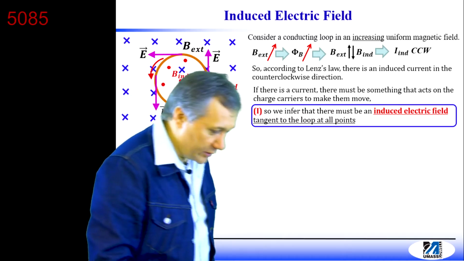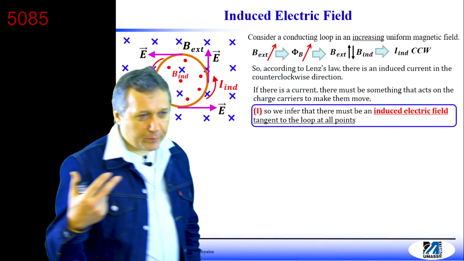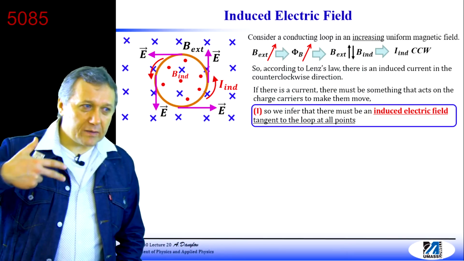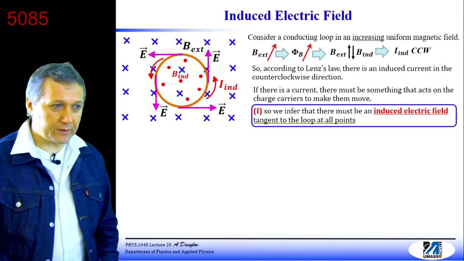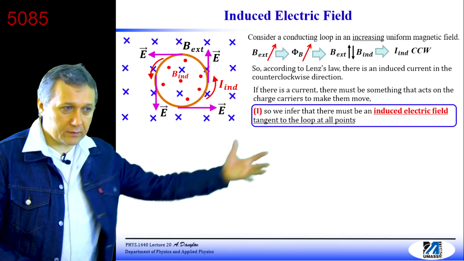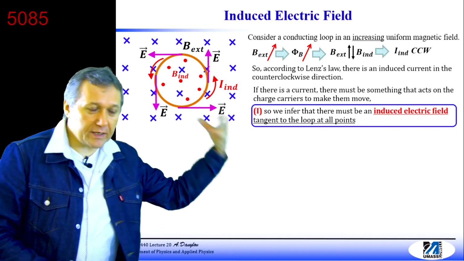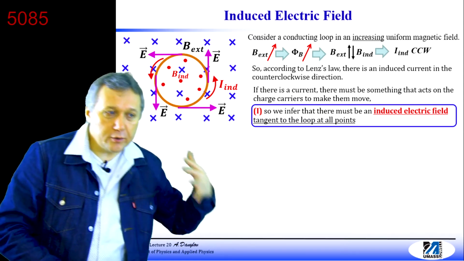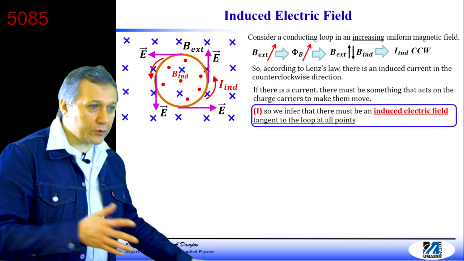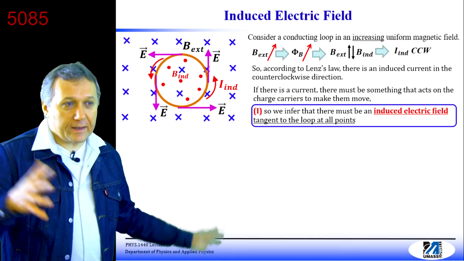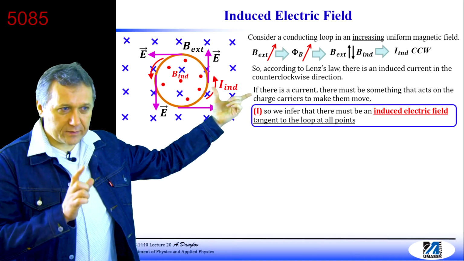There must be an induced electric field. And I emphasize, although I'm kind of a lazy person, right? But you see, every time I keep pronouncing induced electric field, induced electric field. Before this, at the beginning of the semester, I just used to say electric field, but now I keep adding induced. And of course, it's very important because all of these fields are electric, but there are some differences.